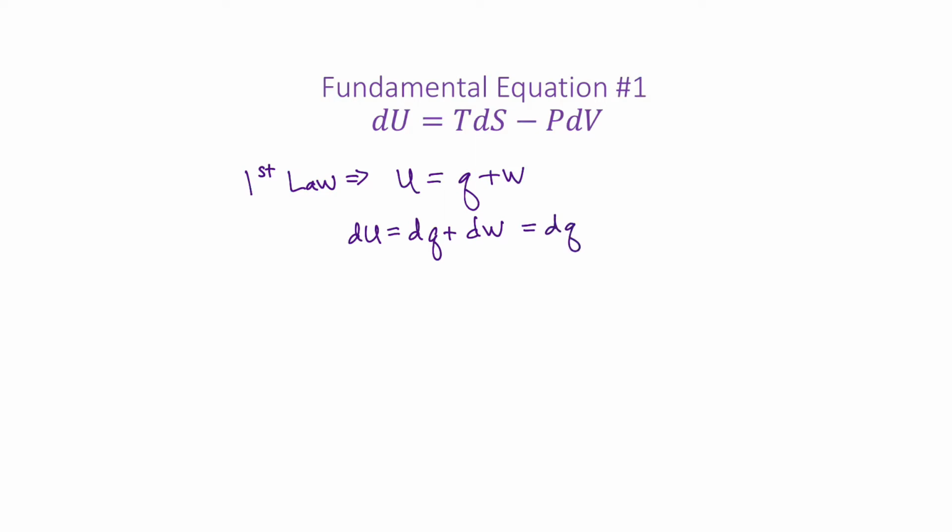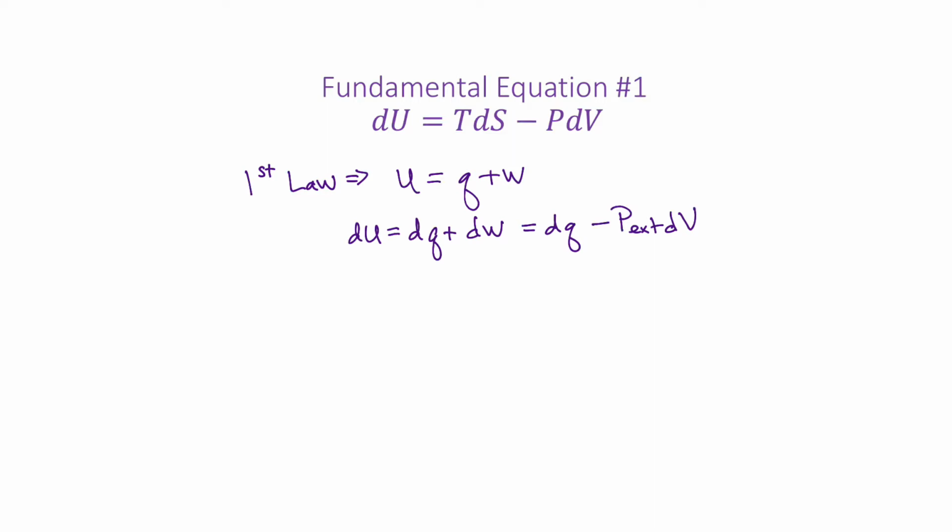So that's going to become dq minus P external dV. Remember, that's just the definition of our PV work, P external dV.